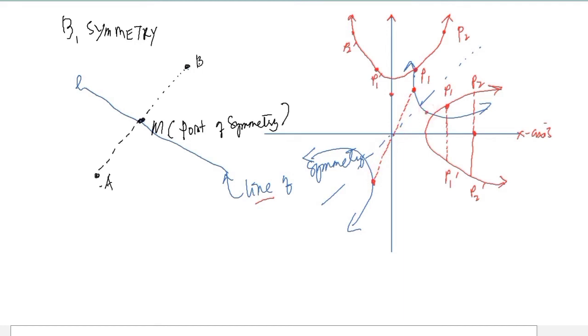So, kung itong point na to is symmetrical with respect to the origin, connect natin doon, ito naman yung symmetrical sa kanya. Yun yung definition ng symmetrical with respect to the origin. So, ano-ano yung mga conditions natin para makonsider natin ang isang equation ay symmetrical na. So, ito yung unang condition.